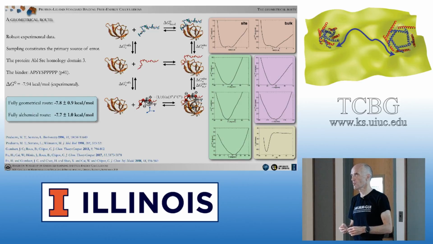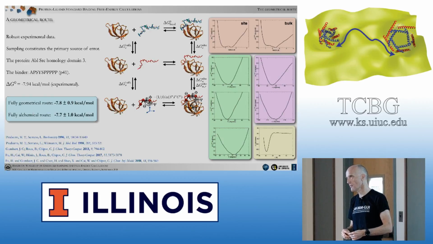What we do is we just prefer to overshoot the error by just taking the hysteresis. Usually, if you take the systematic error and the statistical error and add them up, it's usually less than what you get from just looking at the hysteresis between the forward and the backward.